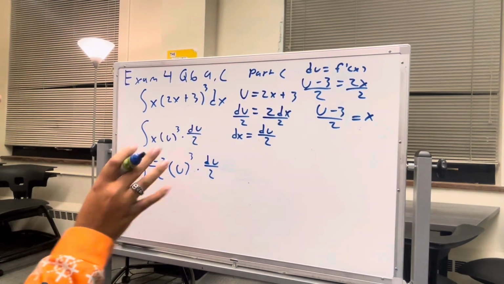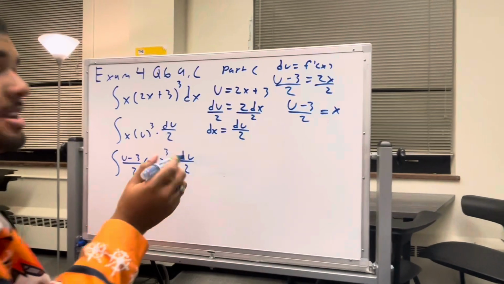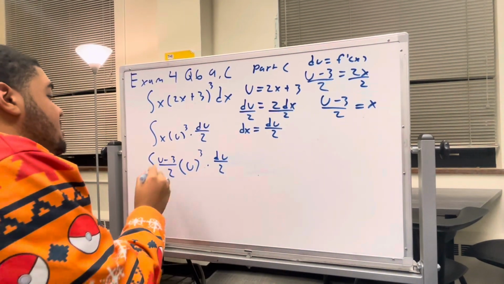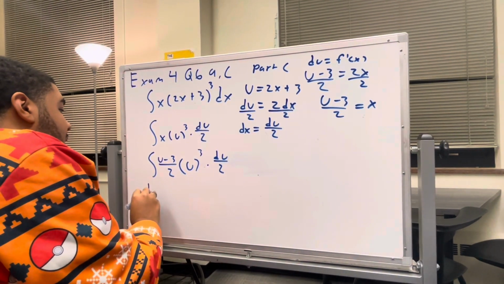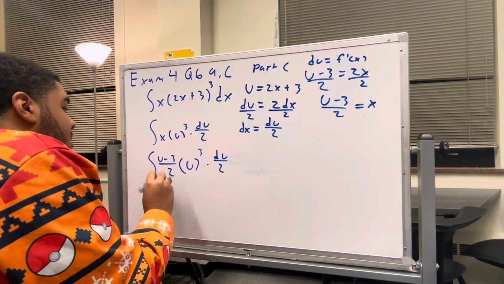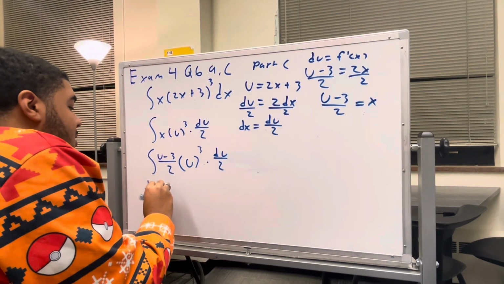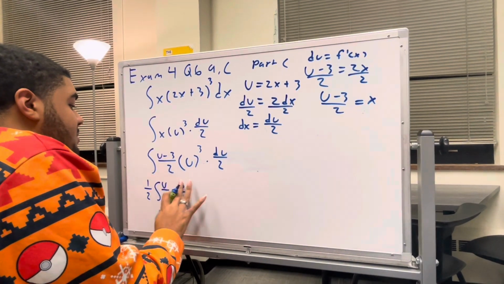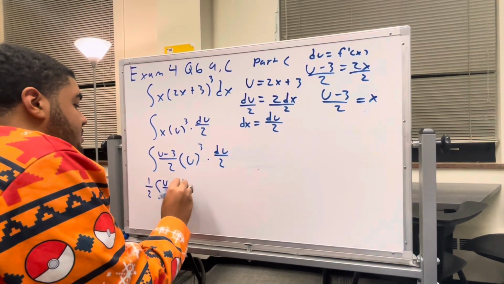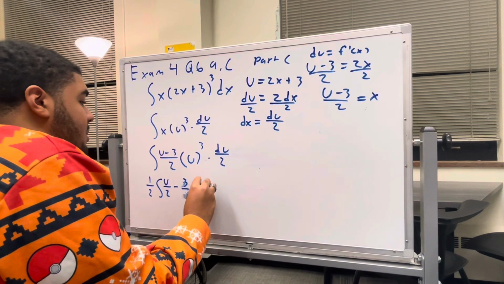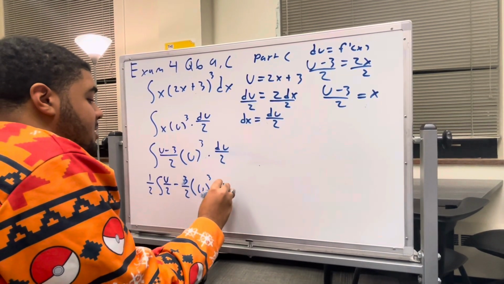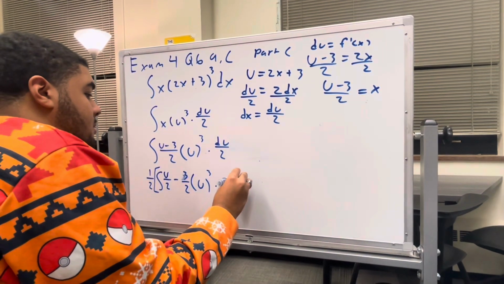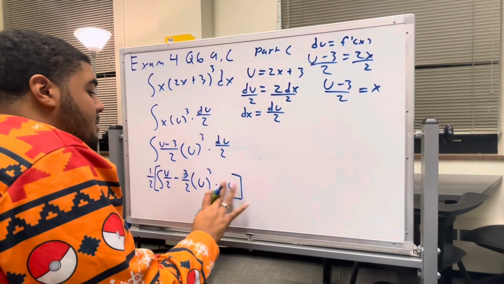Pause it. So then you get this, and then we could take this constant out. So then you'd have 1/2 integral, and then you can split these, u over 2 minus 3 over 2, and then u to the third times du, and this is all together, and the d should be on the outside.